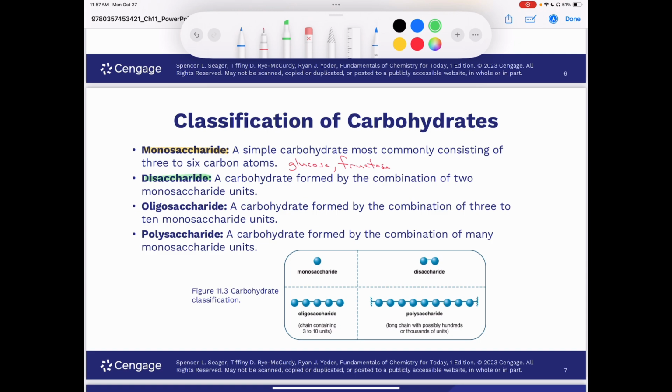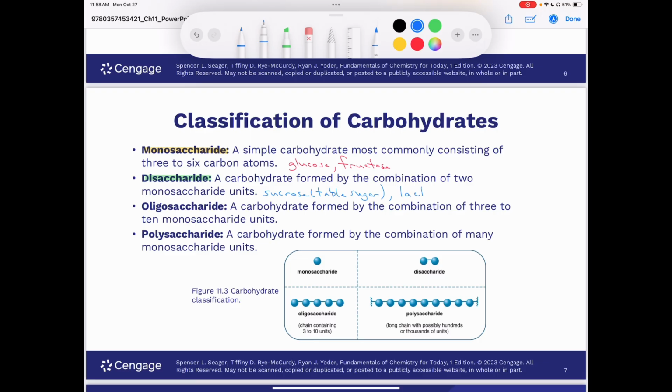Next, we have disaccharides. You can imagine that a carbohydrate that's formed from the combination of two monosaccharides gives you a disaccharide. You bring two monosaccharides together, you get a disaccharide. Probably the most common example would be sucrose, which is table sugar. Table sugar is sucrose, and it's made from glucose and fructose.